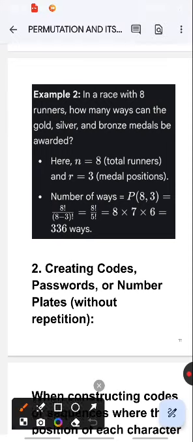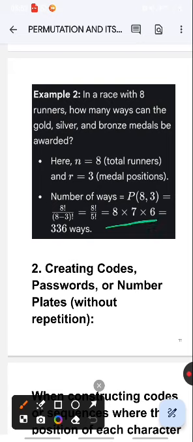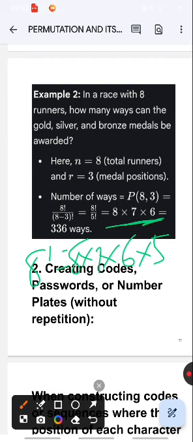Now, what this means is that 8 factorial is equal to 8 times 7 times 6 times 5 times 4, and so on, all over 5 factorial. 5 factorial is also 5 times 4 times 3 times 2.